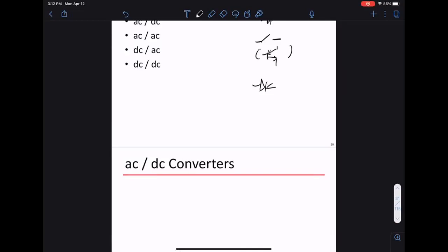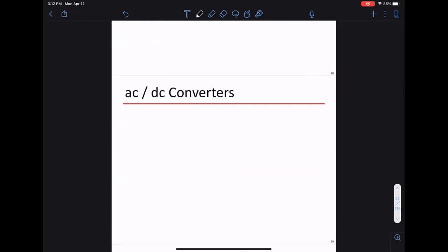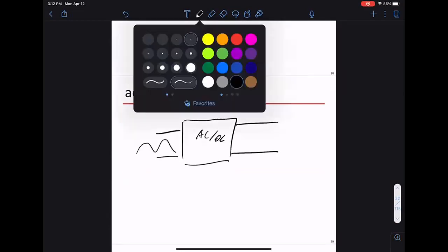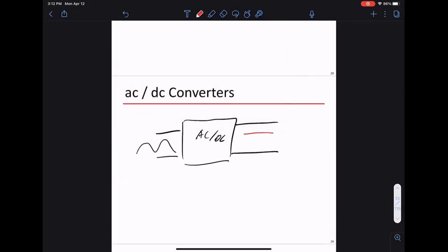So AC to DC is what we talked about, and this is perhaps the most common one we see. You have a sinusoid coming in, and at the output, you have a DC voltage.